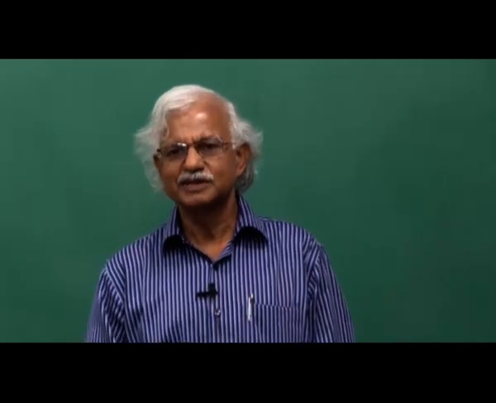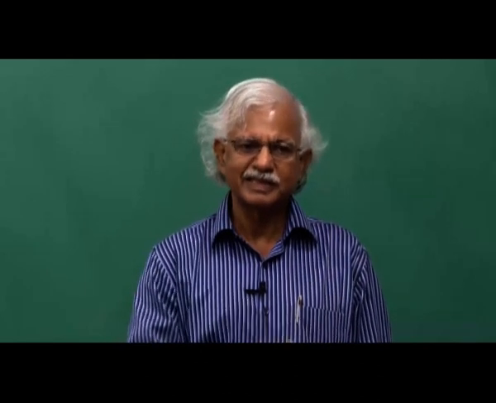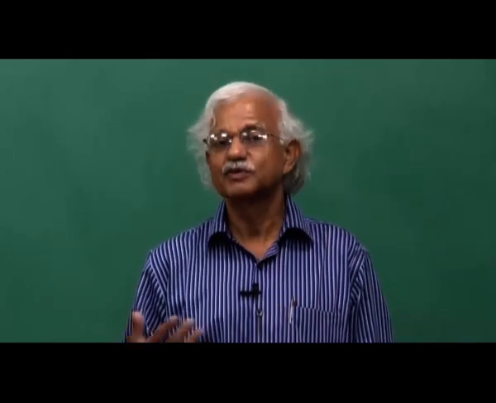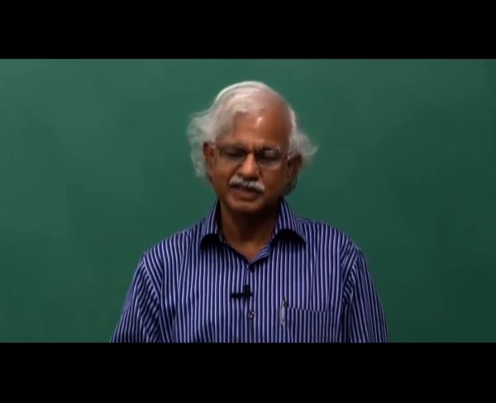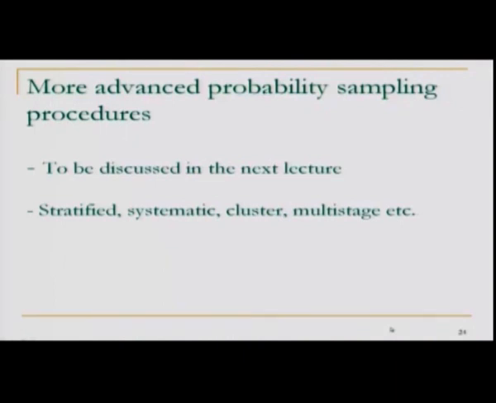All the sample units may be from those parts of population where their values are low or from those parts of the population where their values are high. Researcher has no control over simple random sample. More advanced probability sampling procedures will be discussed in the next lecture: stratified, systematic, cluster, multi-stage.